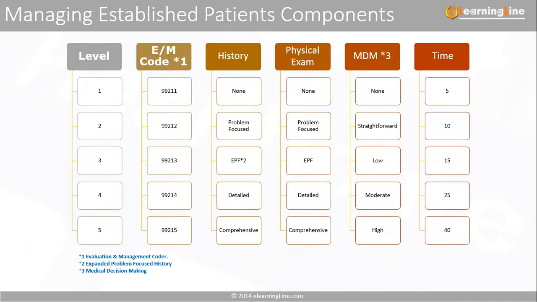These are the evaluation and management codes for established patients, for existing patients who are returning within the 3 years of timeline. Providers are responsible to make sure the appropriate level of service is given. So they are expected to understand the evaluation and management, which is this number 1 column.